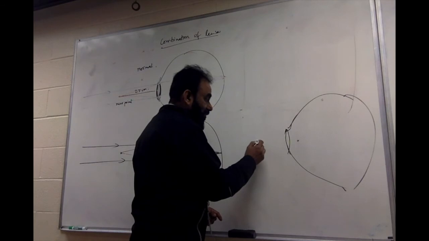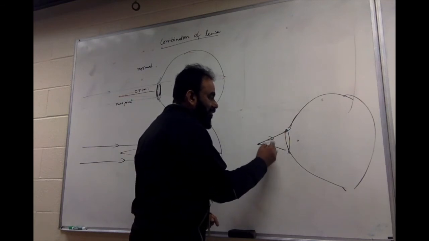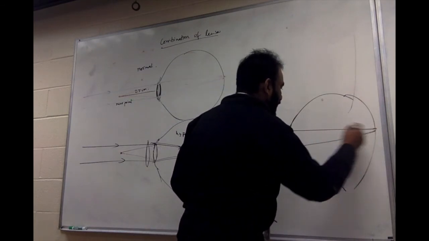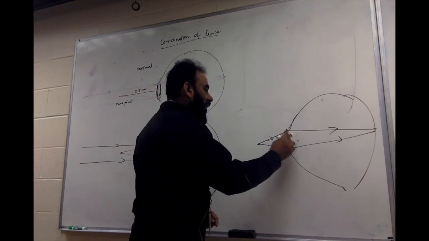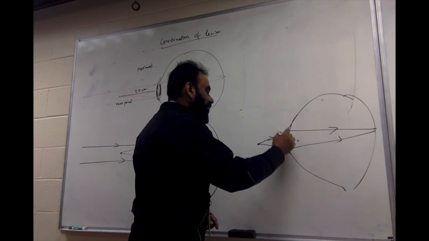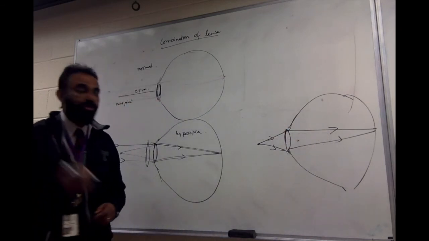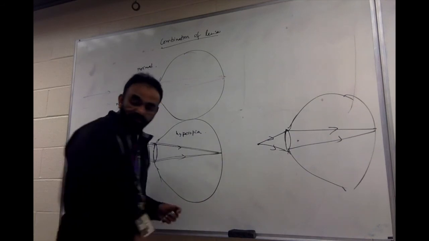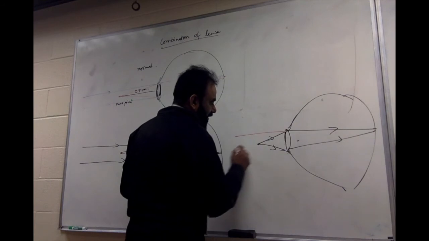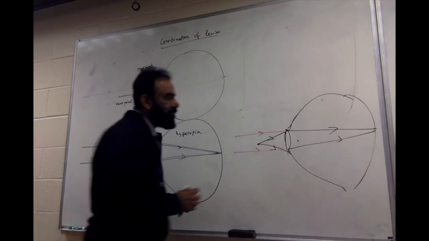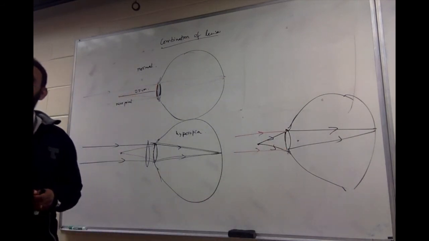Your issue is this. If something is nearby, you can see very well. Doesn't matter how close. You are able to see everything so clearly if it is nearby, because your eye is really able to get it focused there. Now what happens for you is if the rays are coming from far away, what happens?